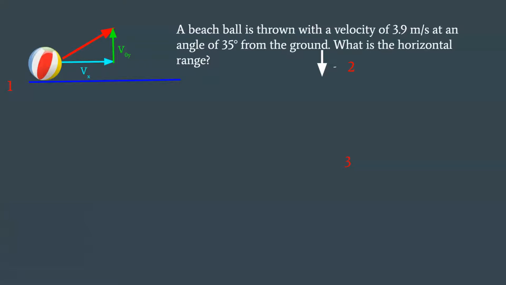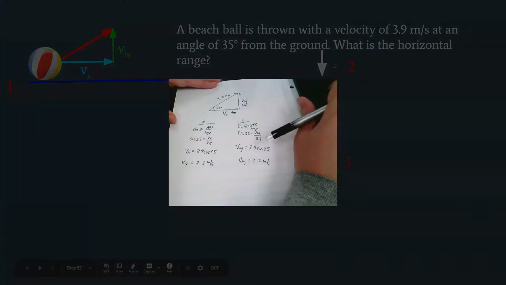So 3.9 cosine of 35 is 3.2 meters per second. A lot of this vector is going in the x direction. And 3.9 sine of 35 is 2.2, so just a little bit in the y direction. Sorry that you can't see yet. Oh, I forgot I can make this bigger. Let me make it bigger for us.